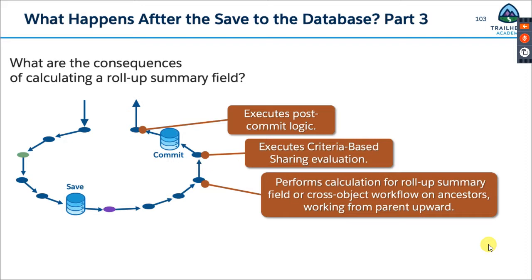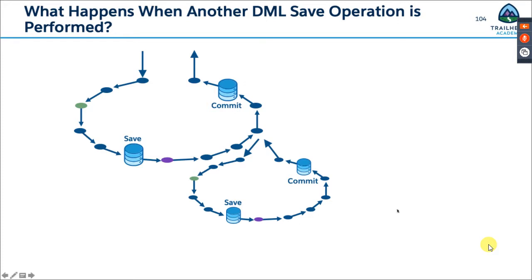Now, what about those roll-up summary fields that I saw in a little bubble just before? Yes. If we go through the detail record in a master-detail relationship, and there is a roll-up summary field, then a new ring for the master will be executed, including the before and after triggers for the master, with one huge exception.